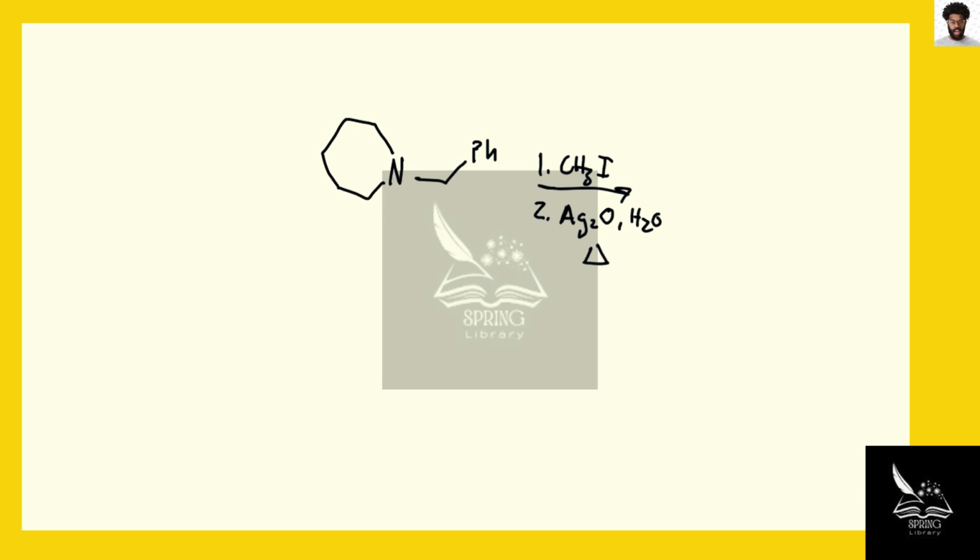And what this elimination does is it always gives you the so-called Hofmann elimination product, as opposed to the Zaitsev product.